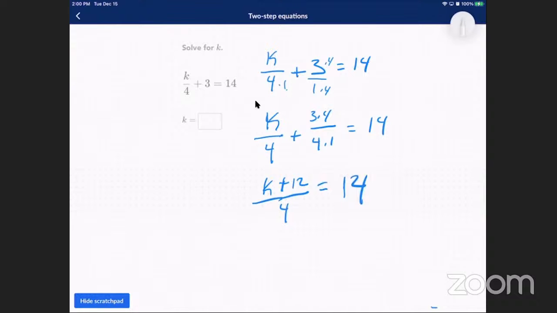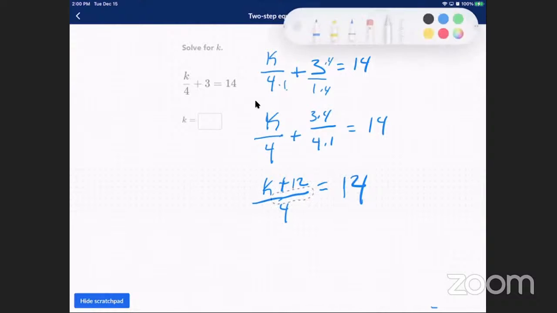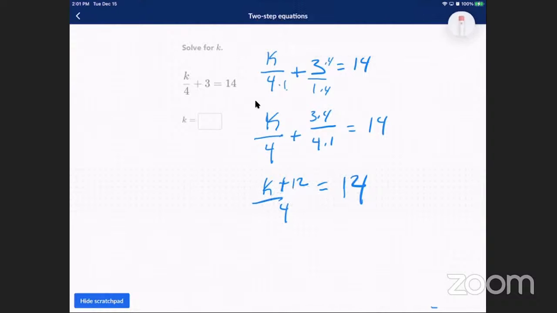So now we have k plus 12 over 4 equals 14. Now we have something where we could try to get k by itself. One thing we can do is probably go ahead and remove this, right?